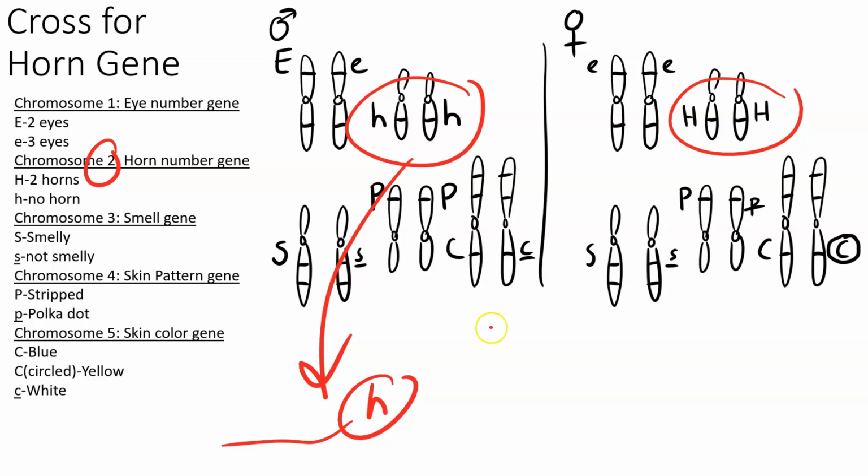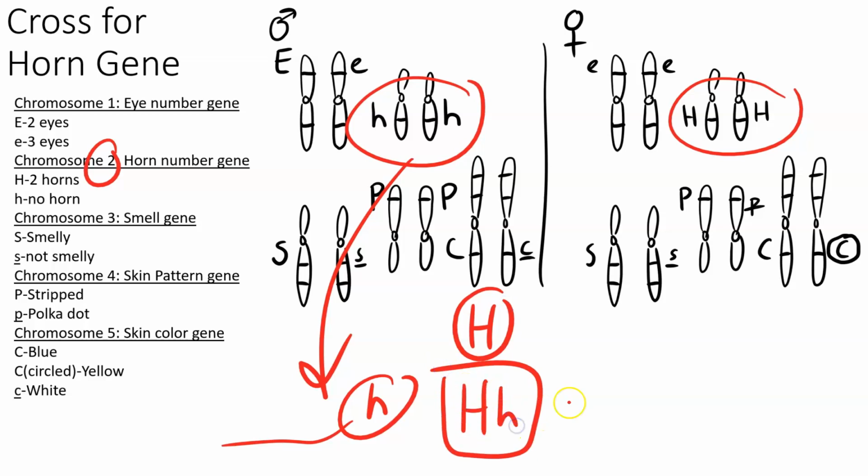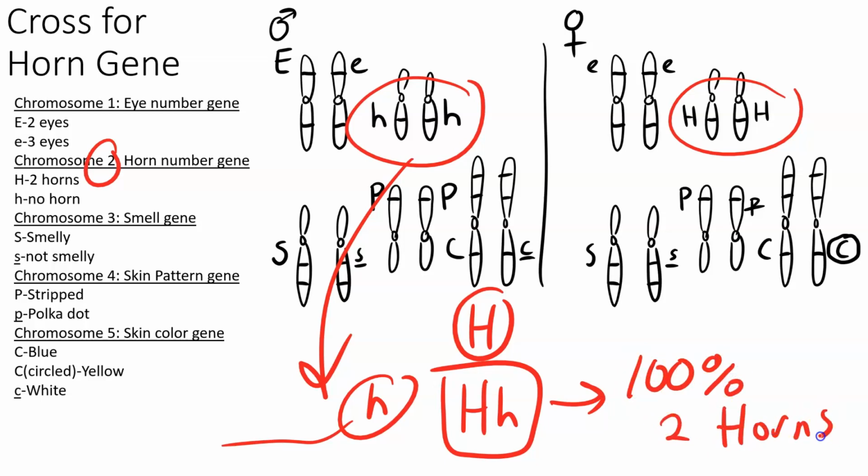Okay, so you get little h there. Mom is only bringing big H, so 100% of their offspring would be heterozygous. That is to say, phenotypically, 100% would have 2 horns. Okay, so nobody would look like dad in that case.